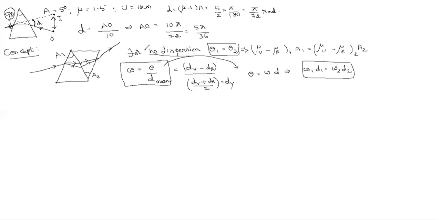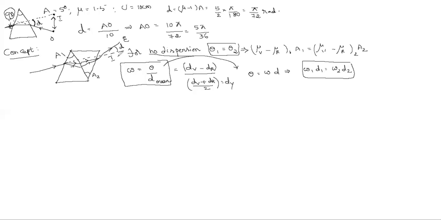Suppose they ask what the deviation of the light ray is. This is the incident light ray and this is the emergent light ray. What is the deviation between those two?